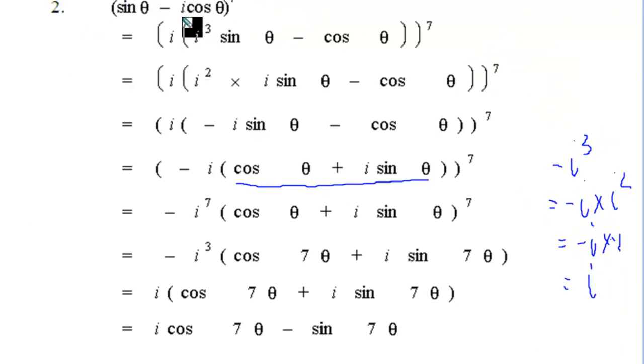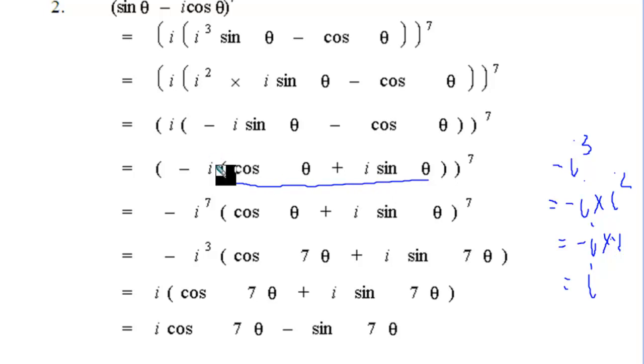We need to have a look here and see that there is lots of manipulation going on with this one. There's lots of playing around, so I won't go through it line by line. You just need to make sure you can play around with it to manipulate it. This one has some factorization out, because it's sine theta and i cos theta, but we want it back in the form cos theta plus i sine theta.